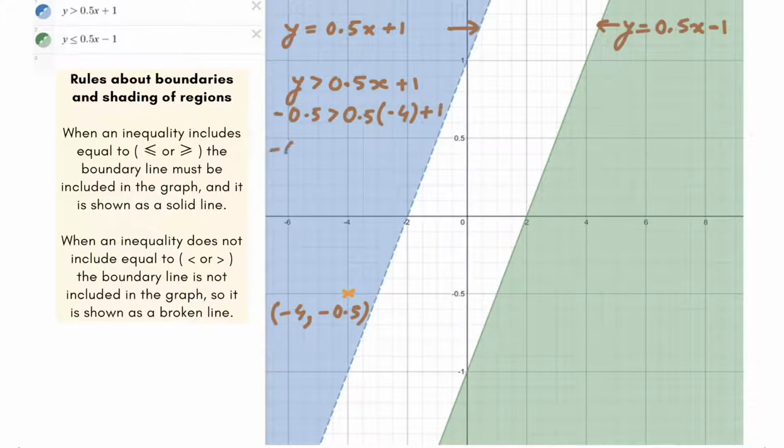So you get negative 0.5 greater than negative 1. This is a true statement, and so the region in blue is correct, which is y greater than 0.5x plus 1. So on the other side of this line, the inequality would be y less than 0.5x plus 1.